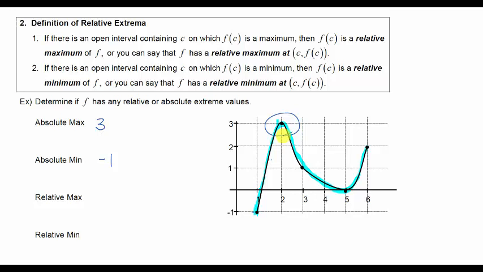You could have multiple relative maxes, but you could only have one absolute maximum value. So the relative maximum is also this hill, and the maximum value is 3. And then the relative minimum is the valley, so that will be this function value, which is equal to 0.